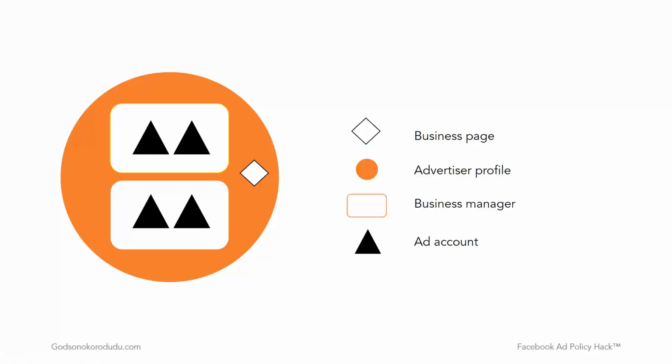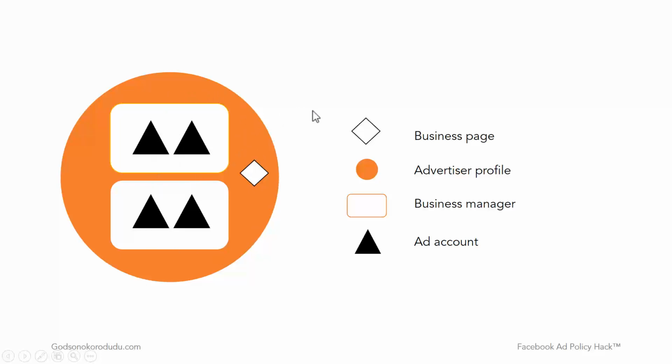So you have a Facebook profile can exist in more than one business manager. And a business manager can have multiple ad accounts. It could also have multiple pages, right? But I just want you to keep this picture in mind.